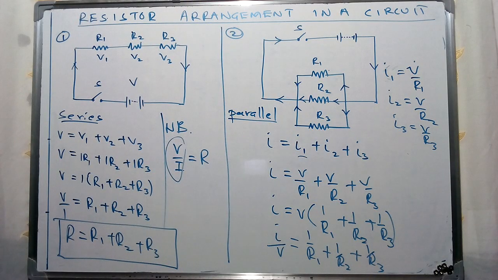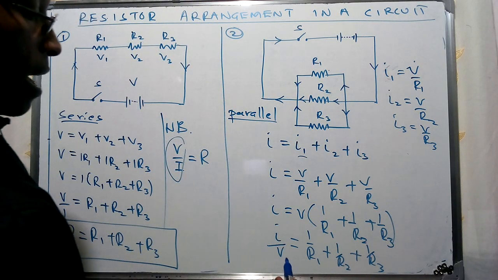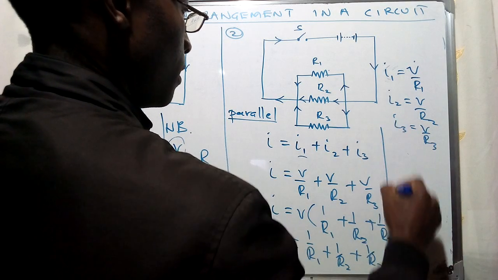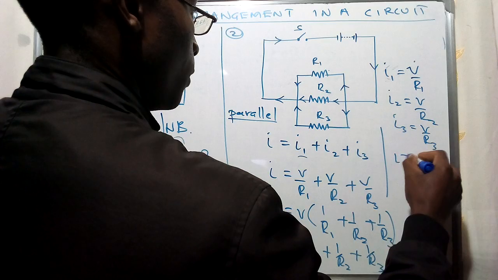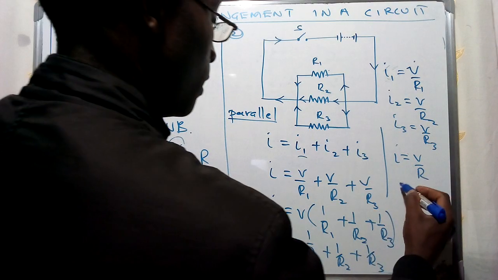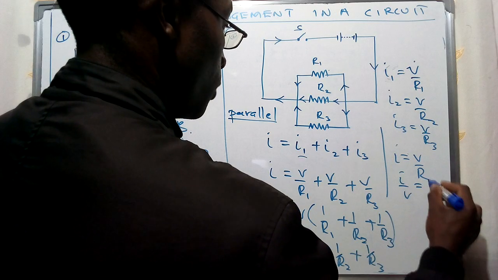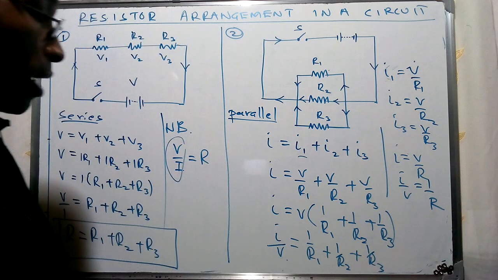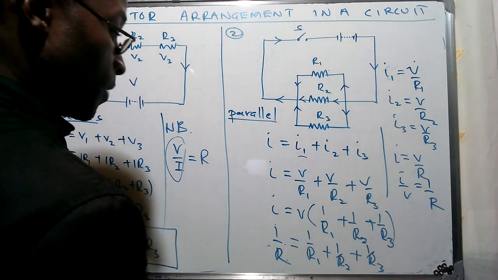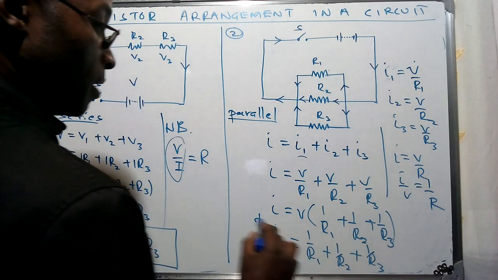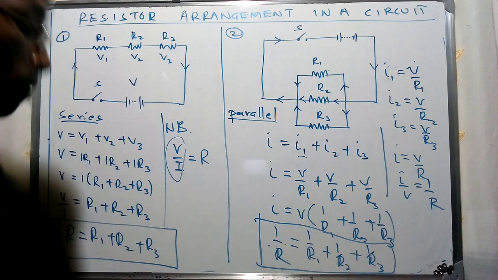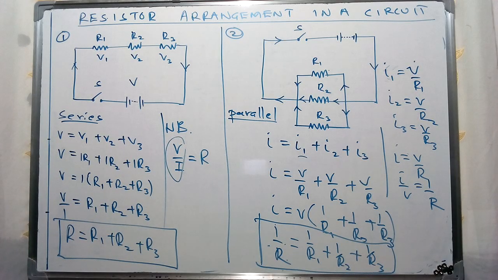If we have I equivalent to V over R, then we can have I over V equivalent to 1 over R. So we have 1 over R equivalent to the sum 1 over R1, 1 over R2, 1 over R3, given in that specific order.